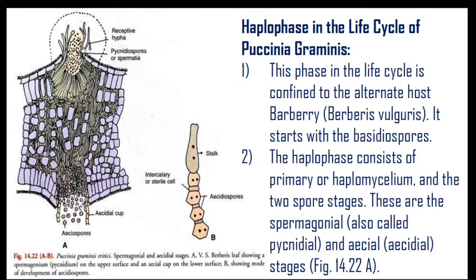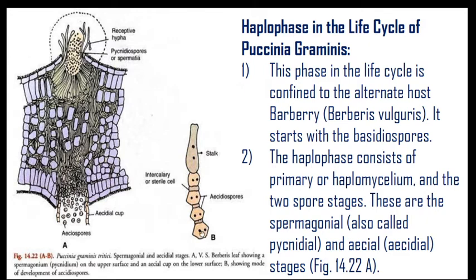So here are the pycnidiospores or spermatia, which have a receptive hypha, and an aecial cup on the lower surface. Here is the development of the aecial cup or circular cavity on the lower surface, while part B shows the mode of development of aeciospores.